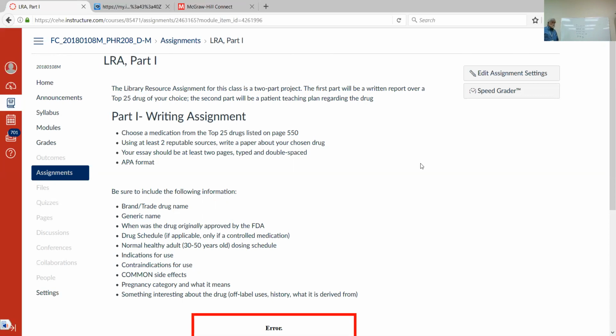Okay. Look for blogs, especially since the drugs you've chosen are used by large numbers of people. They all have problems. They all have side effects. They all have interactions with other drugs. Look for those.